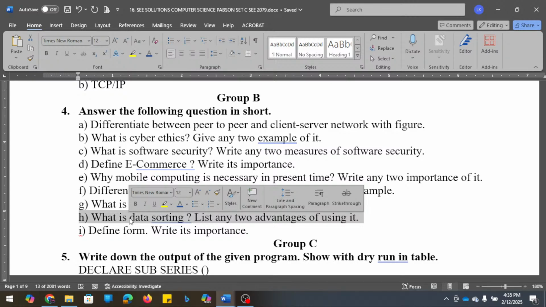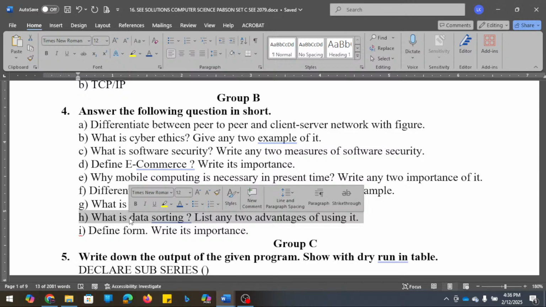And two advantages there. There are numerous advantages. The first advantage is fast data retrieval after data sorting.